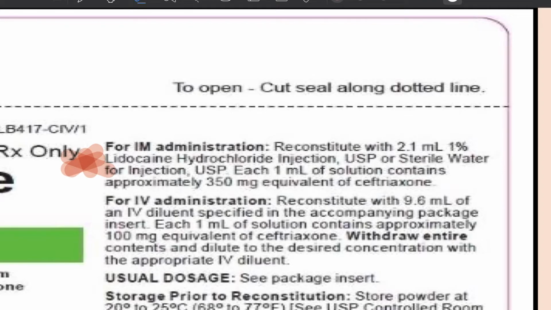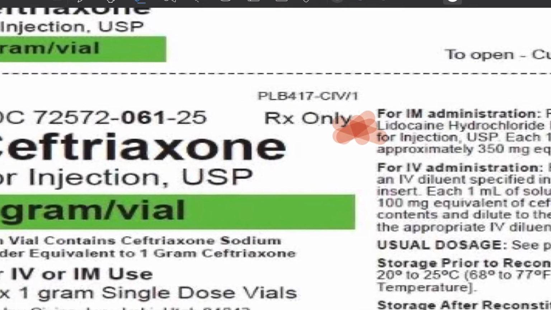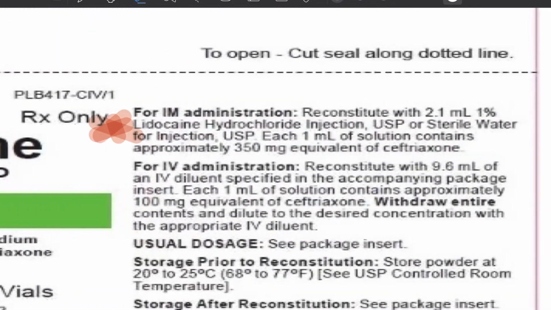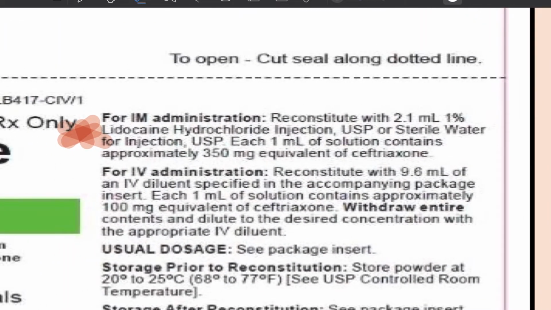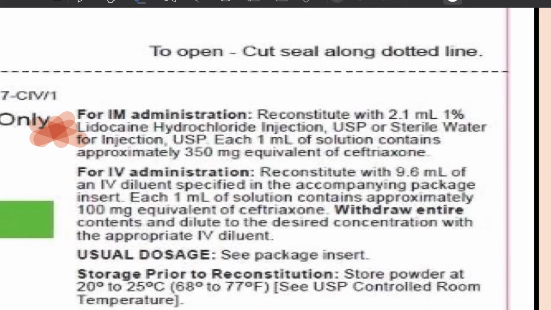So let's say our question asks how we're going to reconstitute ceftriaxone to be administered IM. To figure these questions out, all you have to do is read your label. So your first question is going to ask you, what diluent are you going to use?